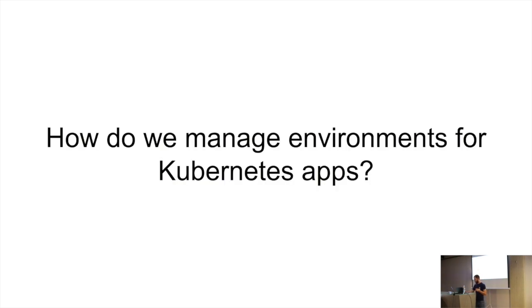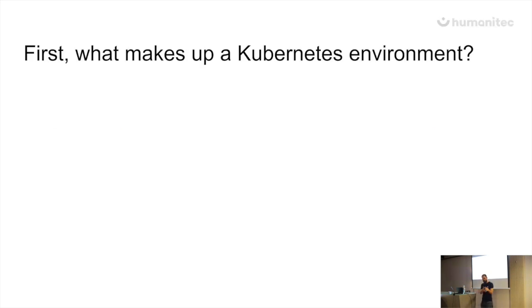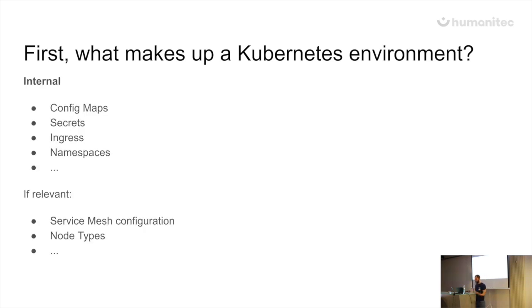So let's just remind ourselves about what Kubernetes environments are. We have 2 sets of things in the Kubernetes environment. We have internal stuff, internal to Kubernetes, and we have external stuff that's external to Kubernetes. So for example, anything that is a Kubernetes resource is pretty much an internal thing. Plus, if you're running something like a service mesh, that configuration can be described as being internal to your cluster.